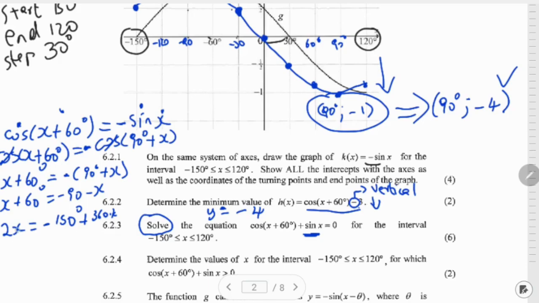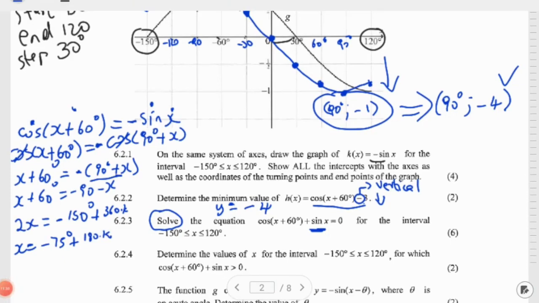Always make sure that when you do a division, it's after you've added the generalization. Just always remember that you take the angle as it is before you divide with any number that's with the angle. You would have to generalize first. All right, so dividing everywhere by 2, that means x equals minus 150 divided by 2, which is minus 75, and then we will have plus 360 divided by 2, that is 180k.